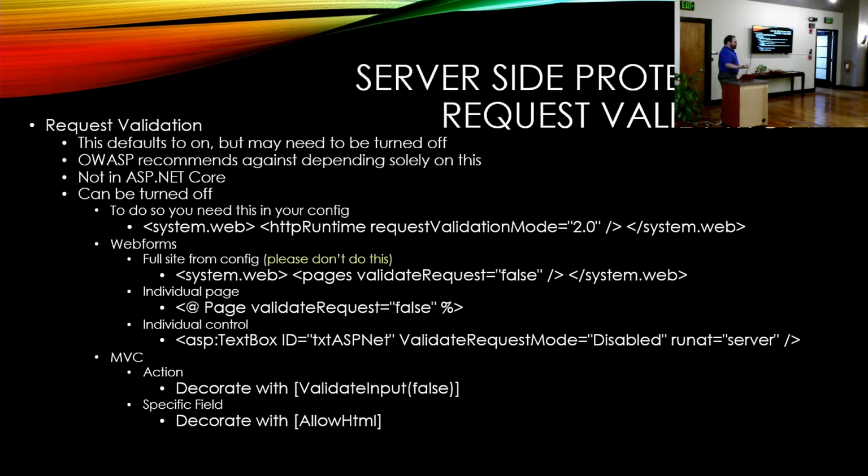Inside the system.web in the web config, you can say pages validateRequest equals false, and you've just turned off request validation completely in your .NET Web Forms app. What this means is, like Core, you now need to validate every input to make sure your users are not attacking you. But that does mean that you get to have prettier error messages if you do that.